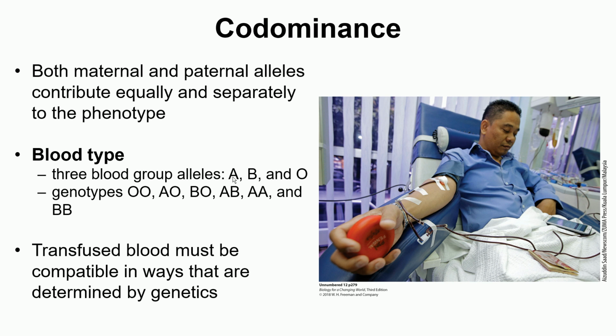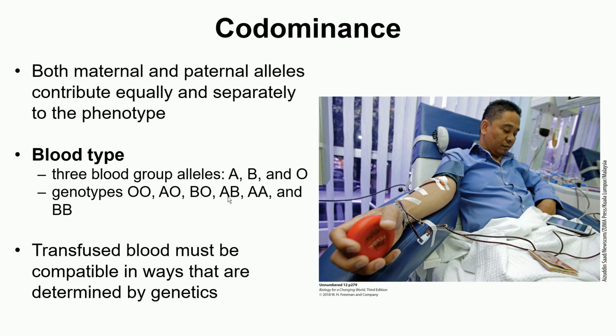For the people who have blood type A, they have either both alleles A, or one allele A and another O. Same thing for B: both alleles can be B, or one is B and another is O. But people who have blood type AB have two different alleles.